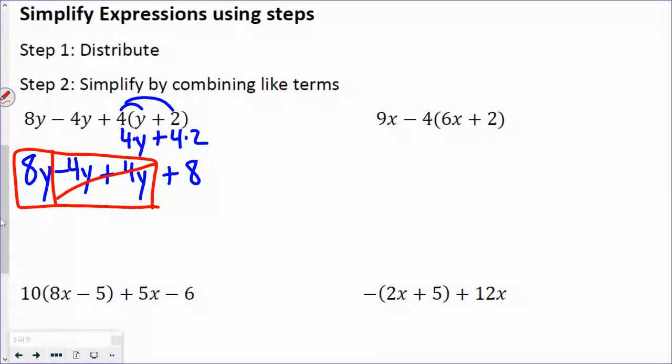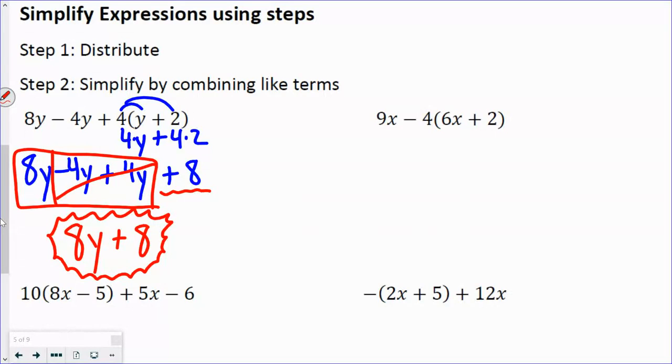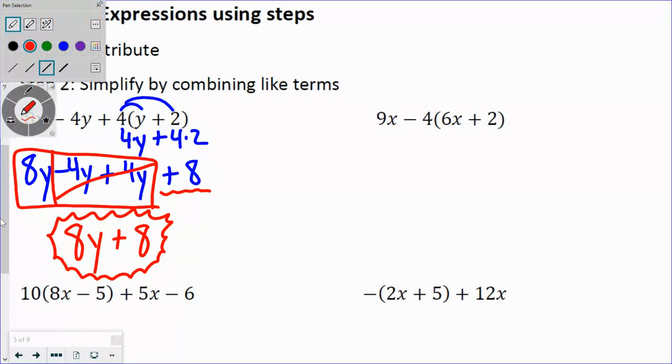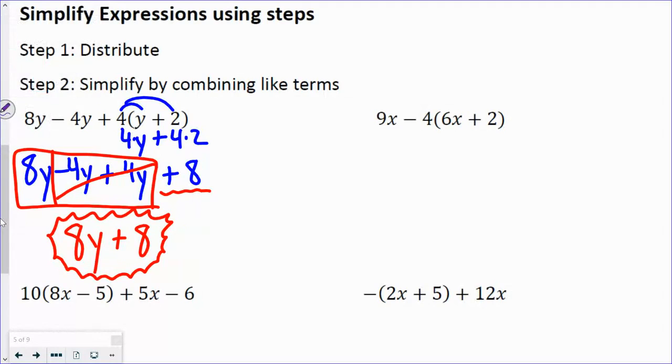So I'm only left with that 8y. And then we have our lonely constant of +8 that just stays as it is. So our final answer is 8y plus 8. Okay, so now if we need to pause it, catch up, we're going to go to the next example.